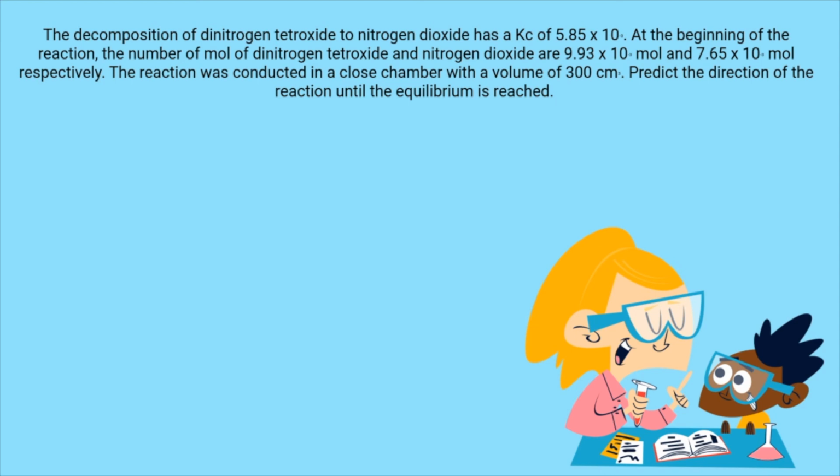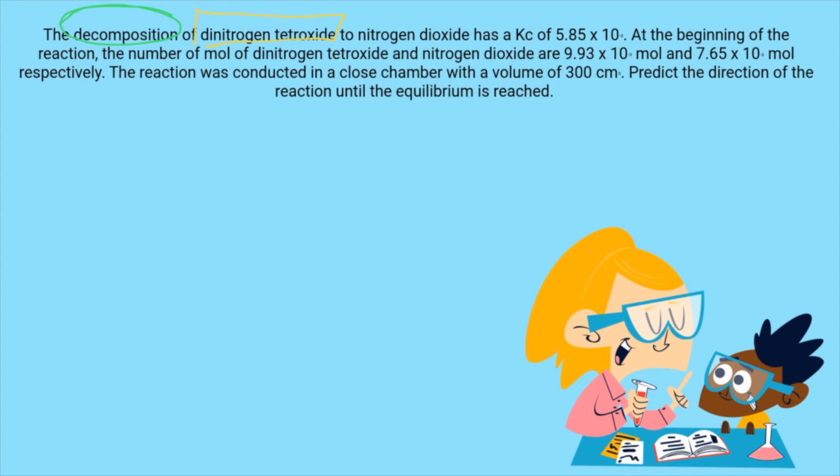Alright, so the first thing that you need to do is make sure what type of reaction is being done in this question. It's a decomposition reaction, meaning that you have only one reactant, and that reactant shall be decomposed to another product. In this question, the thing that is being decomposed is dinitrogen tetraoxide.